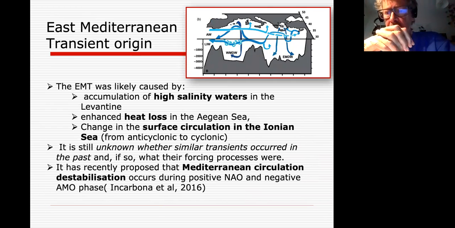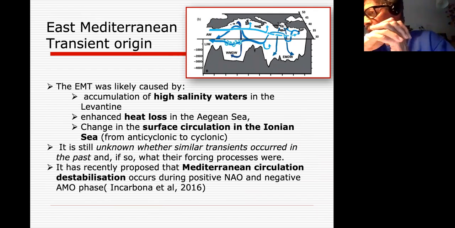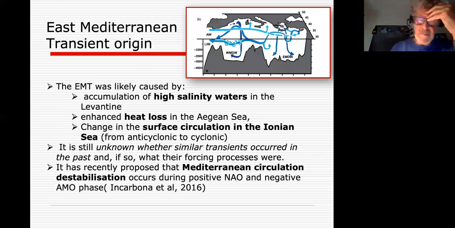Why do we talk about transient and not oscillation or internal variability or something like that? Most probably because a similar event has been also present in the past, but had different characteristic and different intensity.